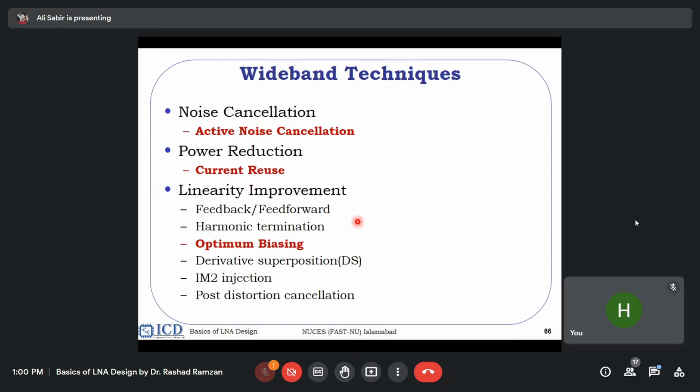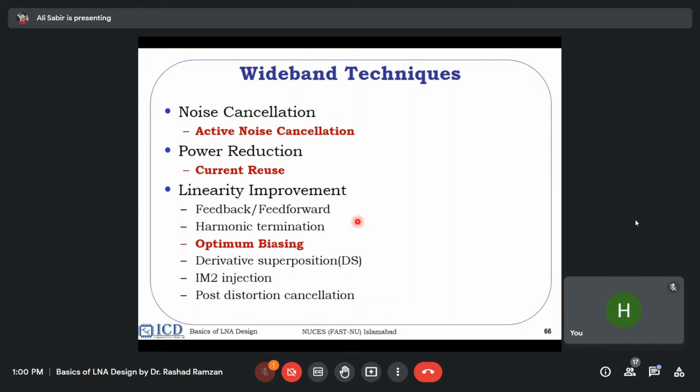So if you make the LNA wideband, noise figure will be very, very high. So the first issue with the wideband LNA was the large RMS noise, the large accumulated noise in a band at the output.